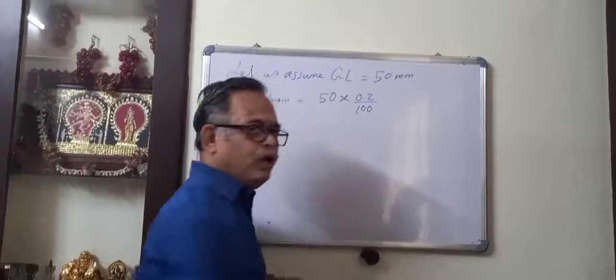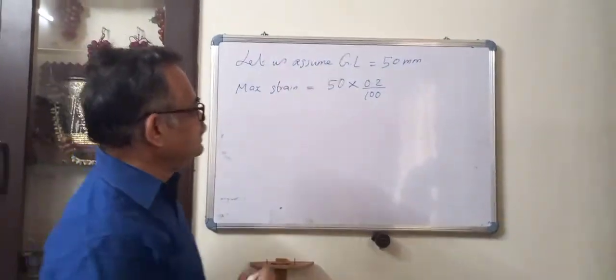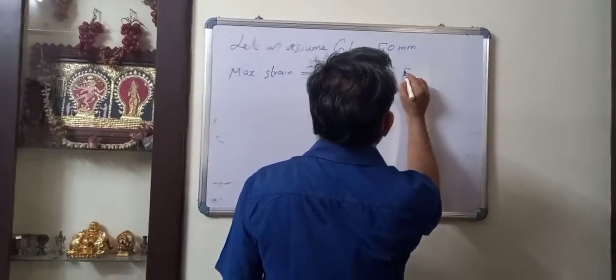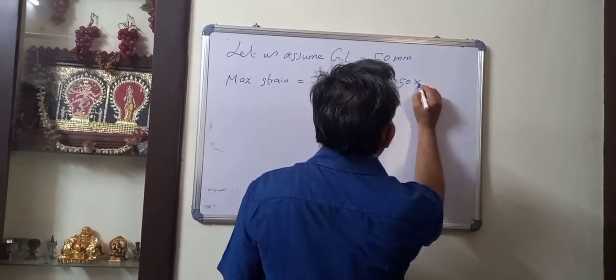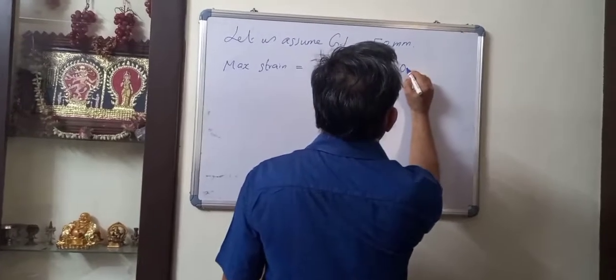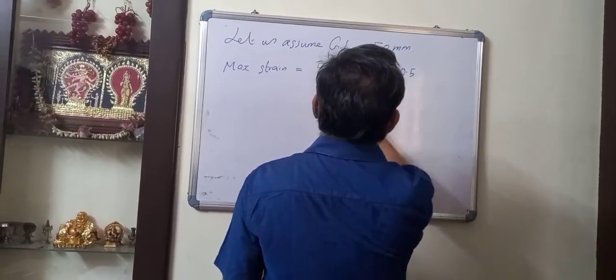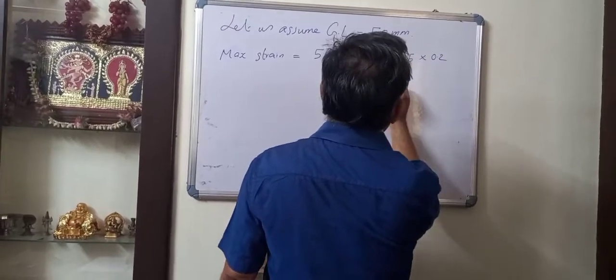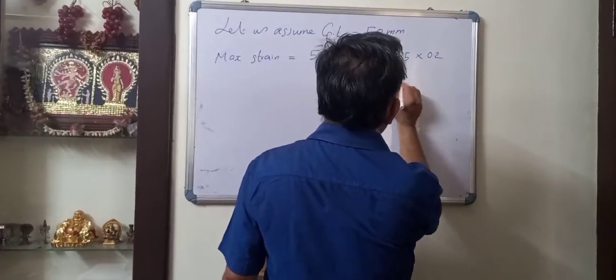So 50 by 100 is 0.5, into 0.2, that is equal to 0.1.